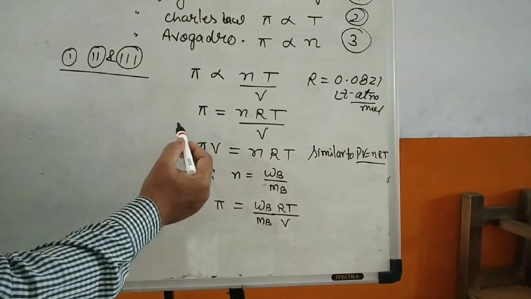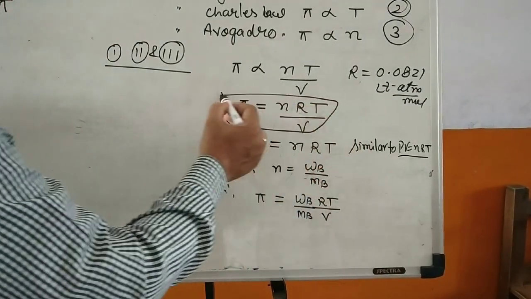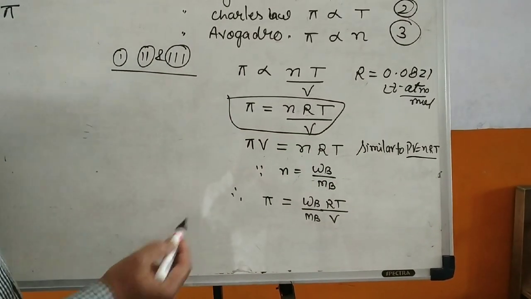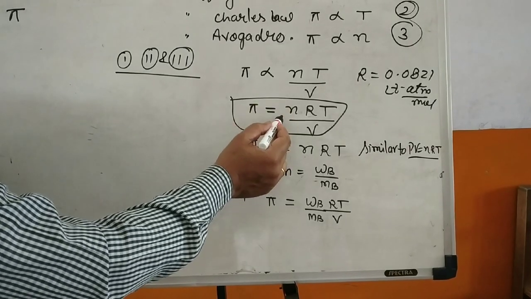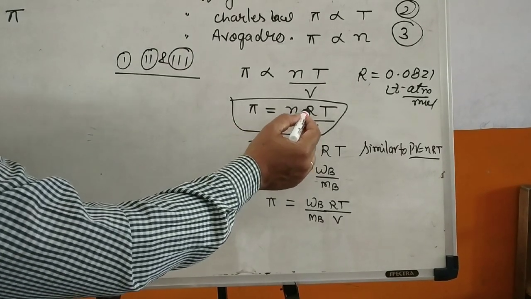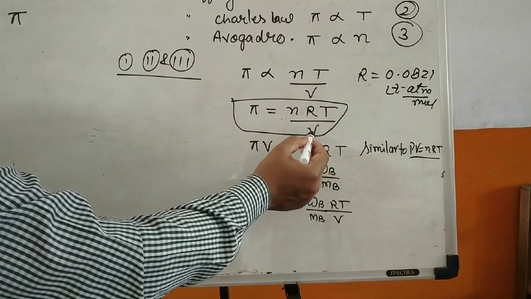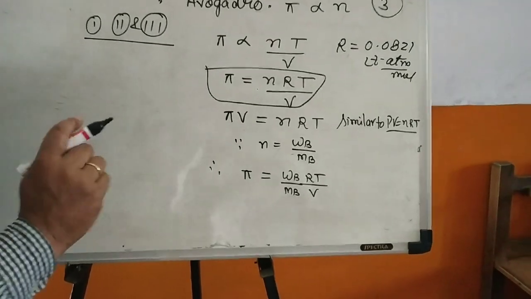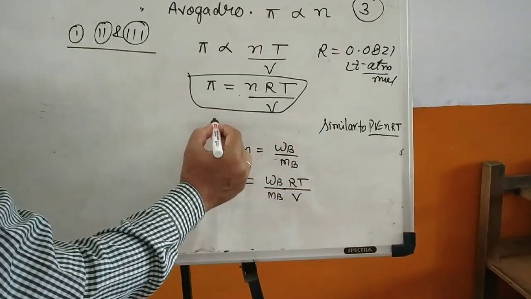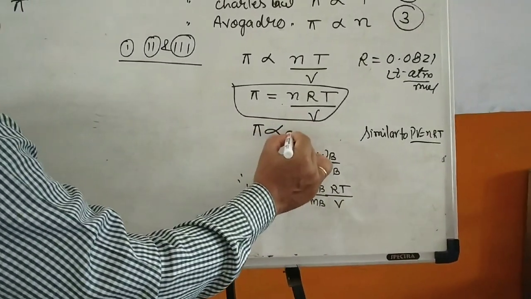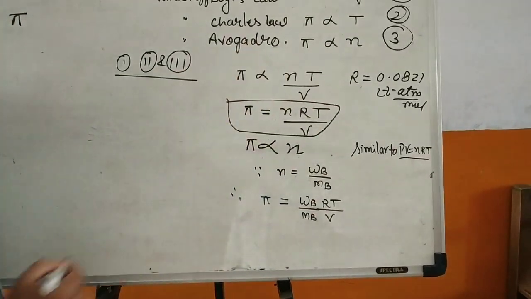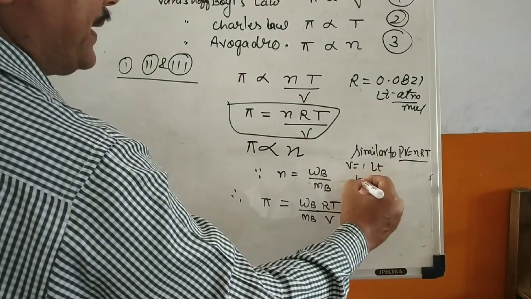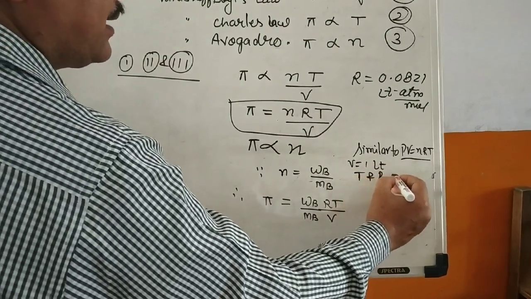With the help of this equation, we can calculate the osmotic pressure of a solution, where pi is the osmotic pressure, n is the number of moles of solute particles, R is the constant, T is the temperature, and V is the volume taken in liter. Temperature should be taken in Kelvin. Or we can say pi is directly proportional to n when V is 1 liter, and temperature and R are constant.